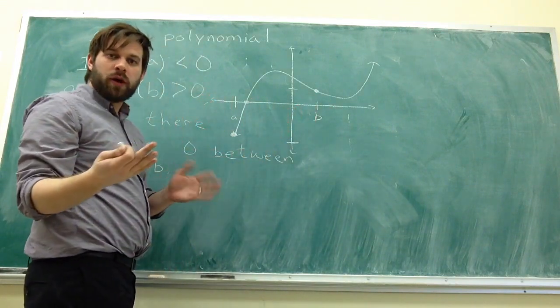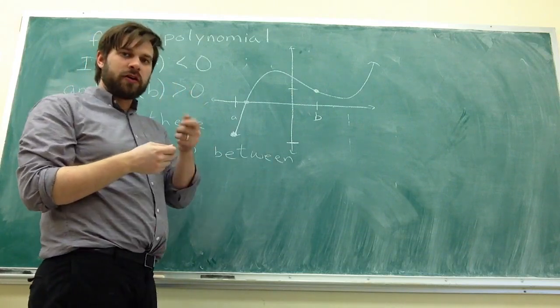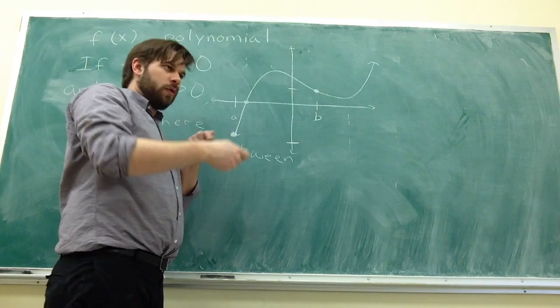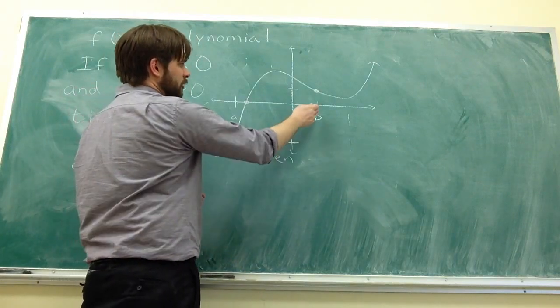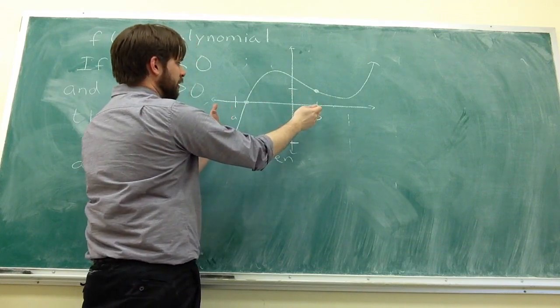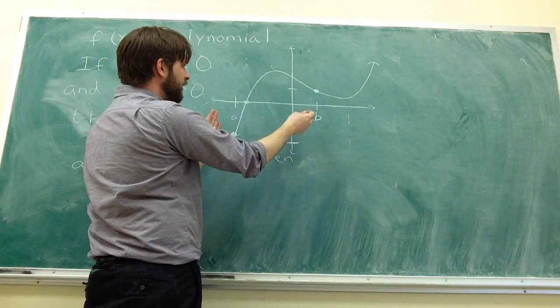Now there may be more than one, but I know there's at least one. And this can start a guessing game of whittling down where the 0 possibly is. Maybe you try these 2 points here, and maybe there's a 0 in between there, because of the intermediate value theorem.